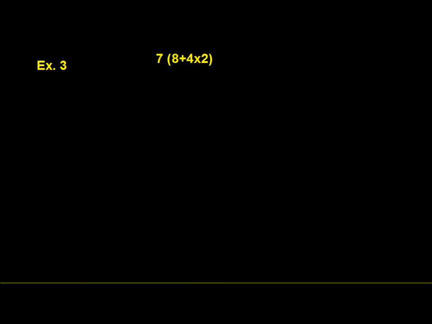Example 3, we have some parentheses this time. So when you work inside the parentheses, you once again follow the order of operations inside of the parentheses. So just looking inside of the parentheses, are there parentheses within the parentheses? No. Exponents, no. Multiplication, yes. Okay.